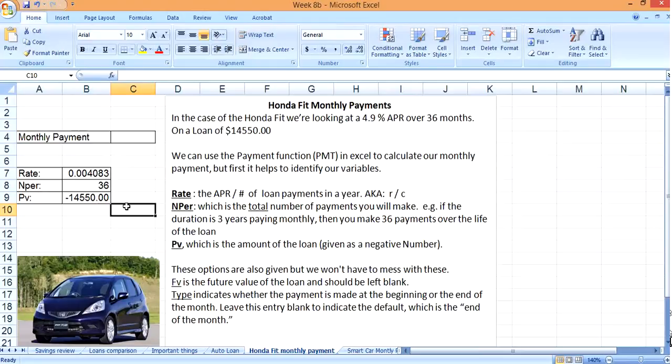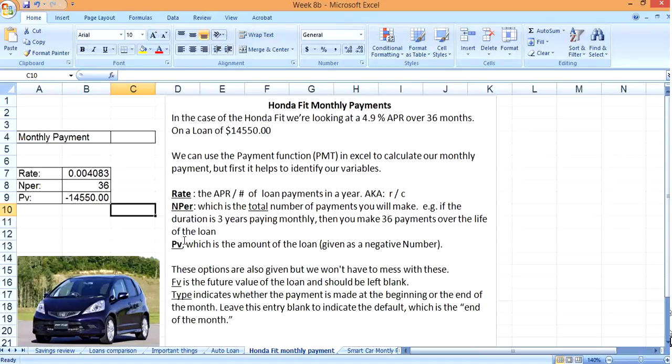Now, when we think about loans, we think about that as a negative balance, right? The bank is opening up an account for you, and that account balance is negative $14,550. And your goal is to submit payments to that account to bring that account back to zero. Okay, so that's why we think about this as a negative number.